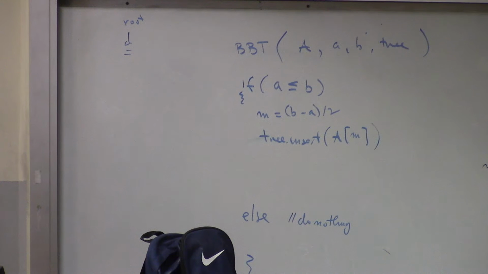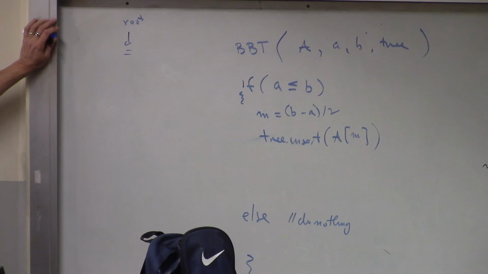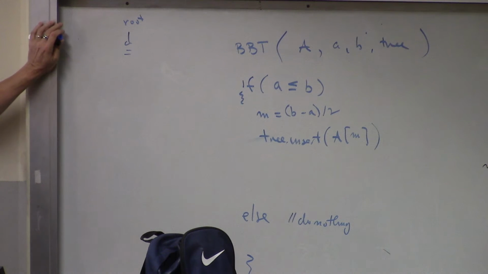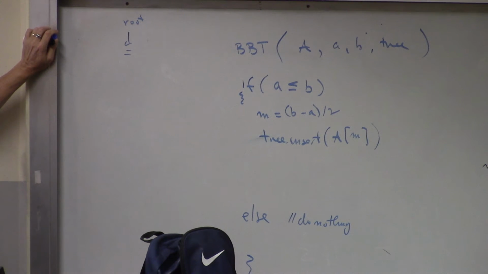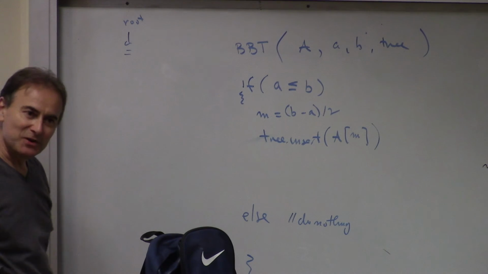Yes? Now what are we going to do? So we inserted the middle element because there is a middle element. What do we do next? Quickly. Time's running out. Yes, now we're going to recurse.